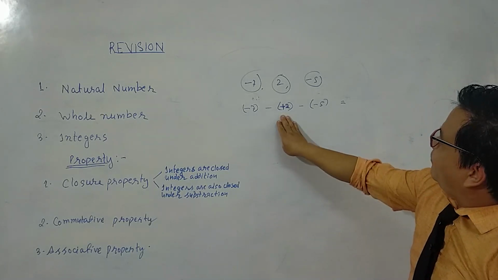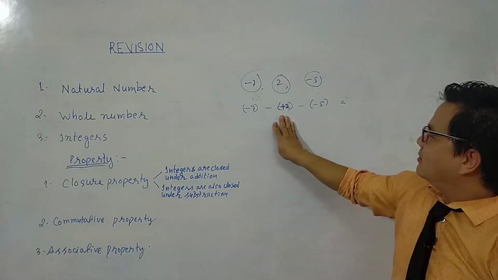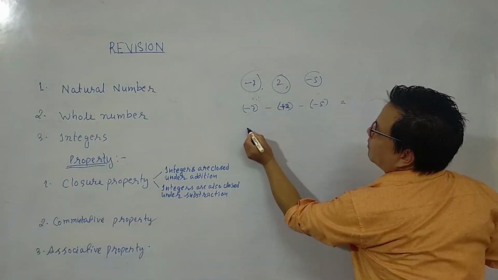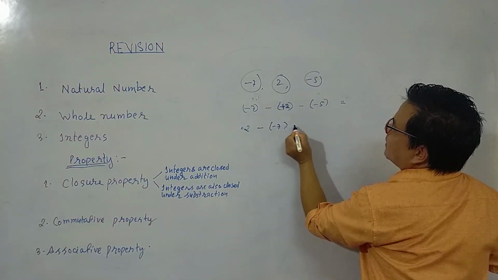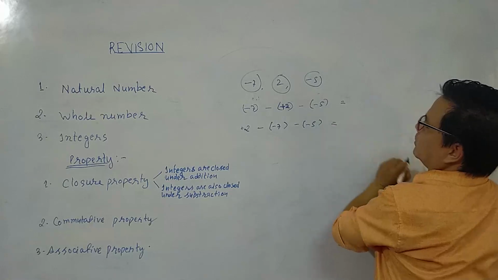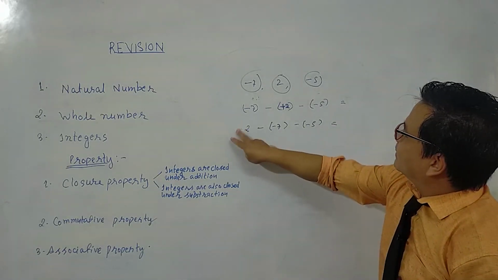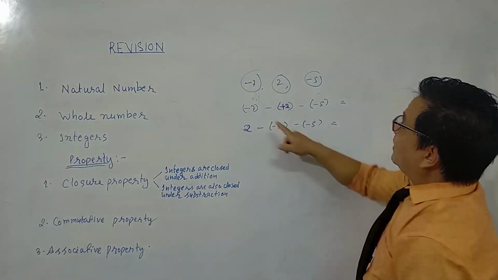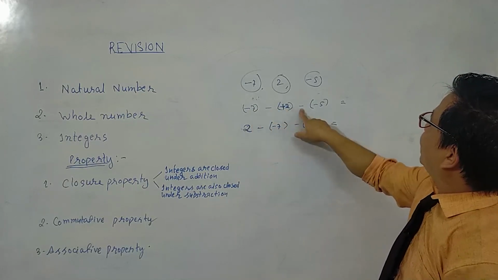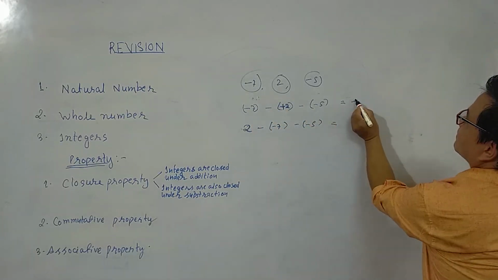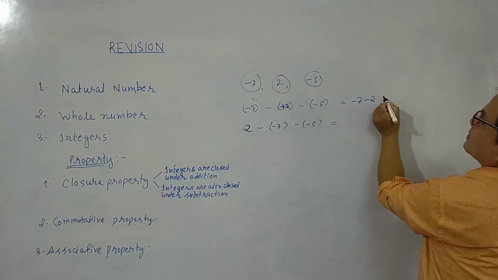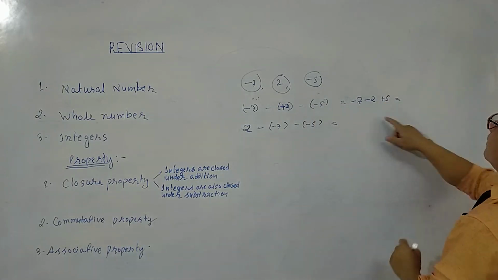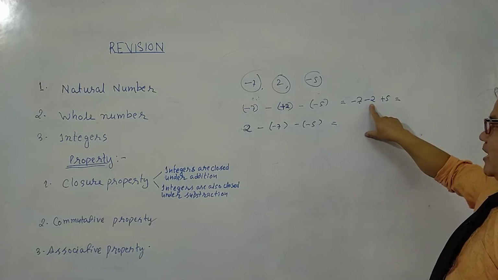Suppose I change the order of these two integers, now plus 2 will go first, and minus of minus 7, minus of minus 5. Minus 7 plus minus 2, how much do you get? Minus 9.